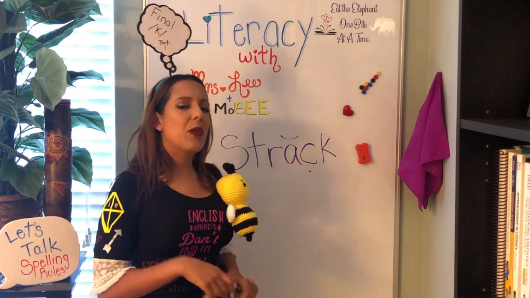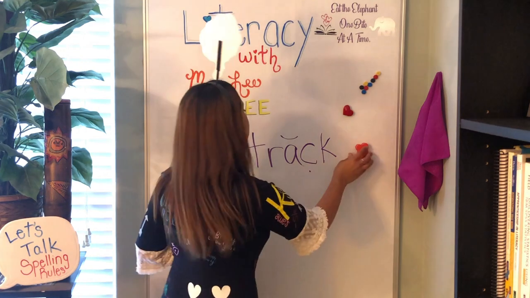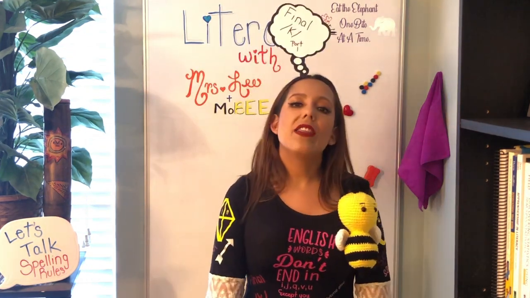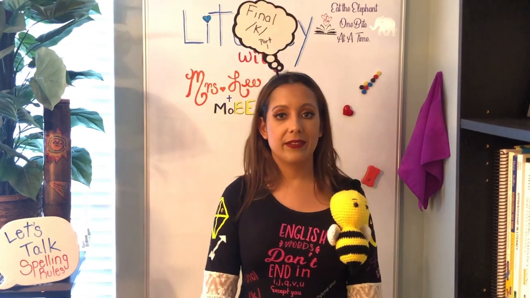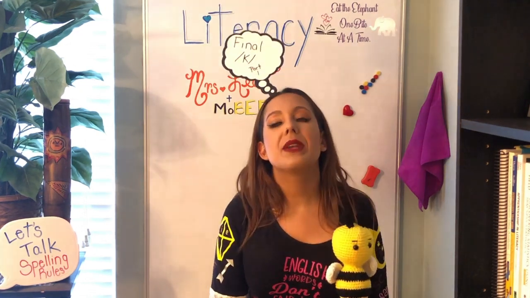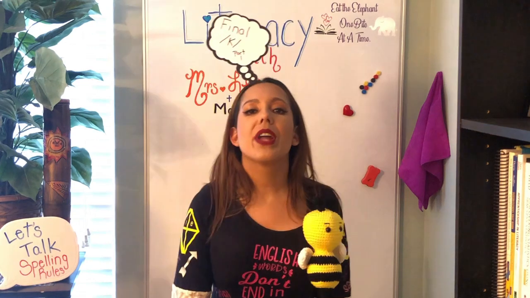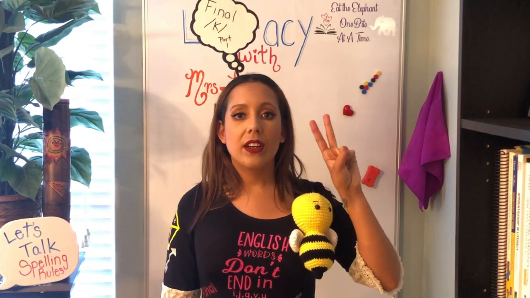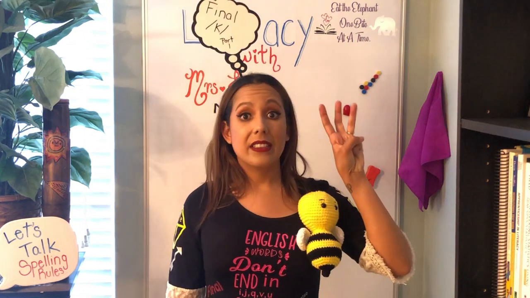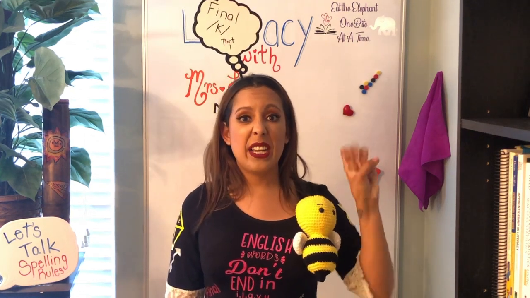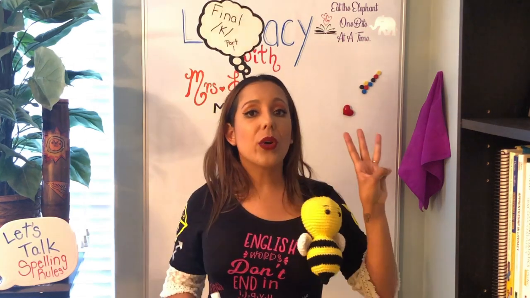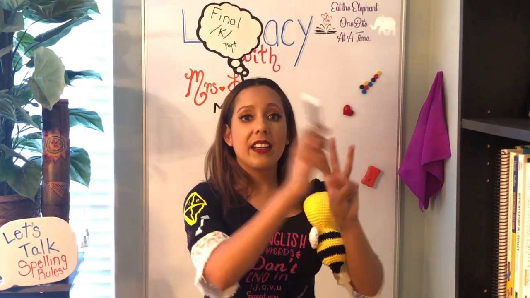Strack. Now let's try with a word that we already know how to spell. Tell me the phonemes, the sounds in the word duck. You ready? D, u, k, duck. So we already know that vowel is short and it ends in a k sound.